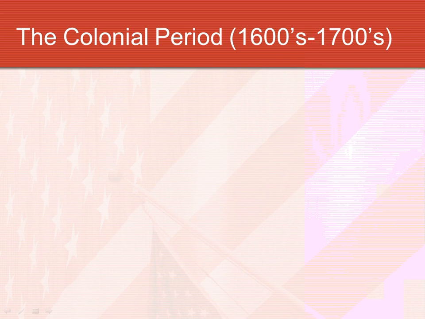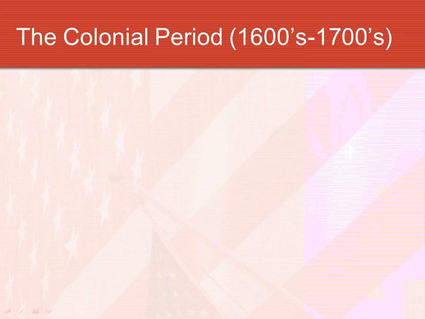How many original colonies were there that eventually became the United States? 13 original colonies. And who owned those 13 original colonies? Who started them? They gave us our government system. They gave us our language.